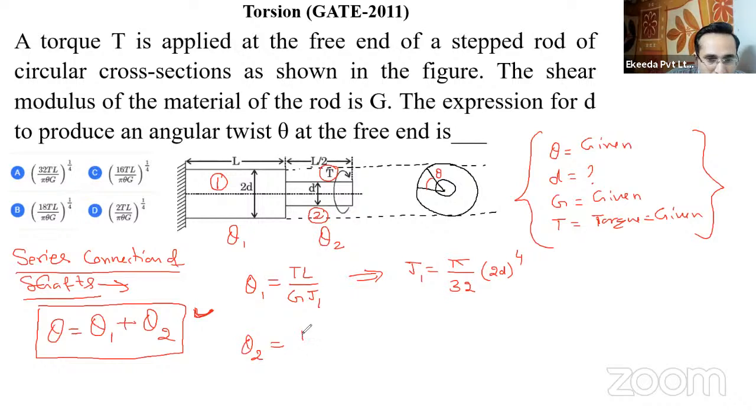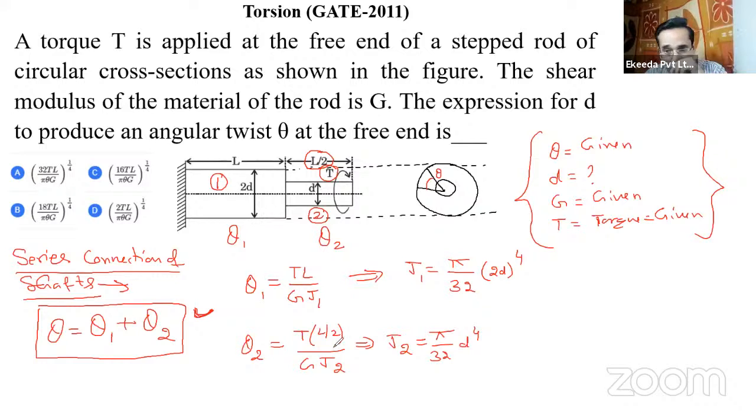That is equal to torque T multiplied by length, and length is L by 2 here. So this is T into L by 2 upon G and J2. And what is J2 then? J2 will be equal to pi by 32 d to the power 4. And total angle of twist, theta, will be equal to theta 1 plus theta 2.